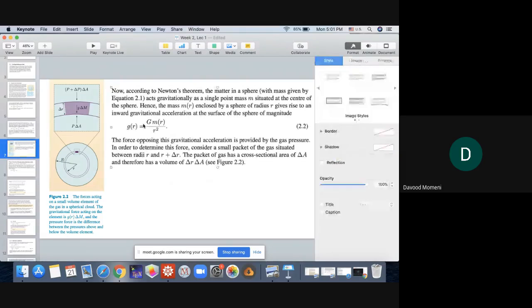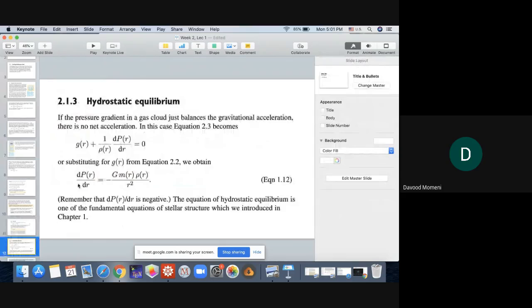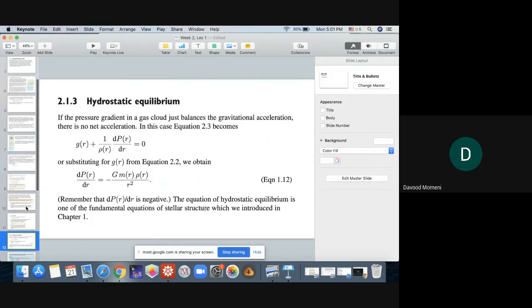If you substitute equation 2.2 into the expression here, then you get a negative value for the gradient of the pressure. This is called hydrostatic equilibrium. There are no accelerations here, so it's like moving with a constant speed, for example.